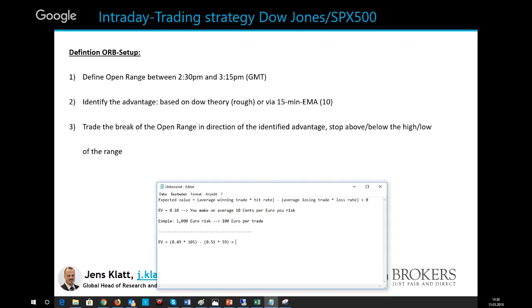It's 105 multiplied with 0.49, minus 0.51 multiplied with 59. Oh, sorry, once again, 59 multiplied with this. Yeah, it's 30.09. So obviously the overall result is positive.